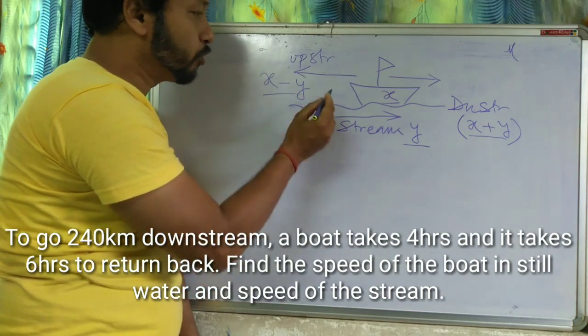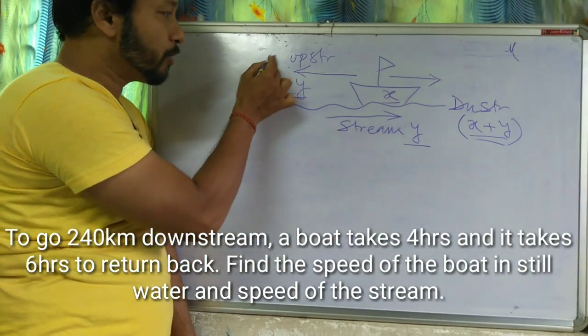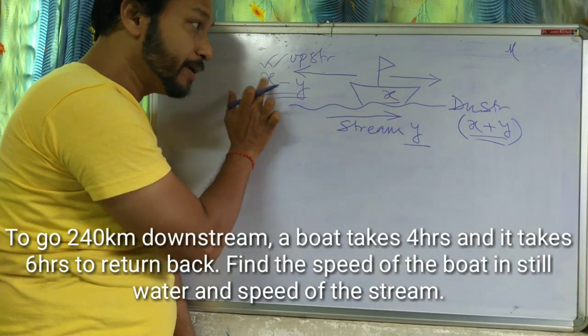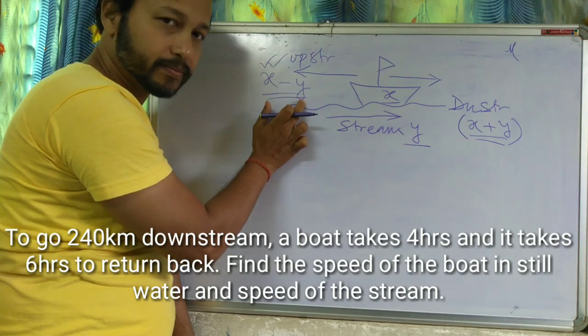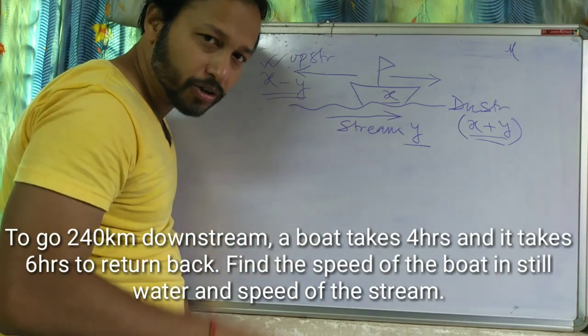In both cases, I am writing the speed of the boat first, then the speed of water. Let's start with this sum which is displayed on your screen.